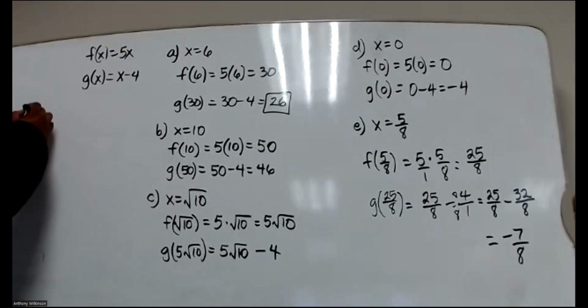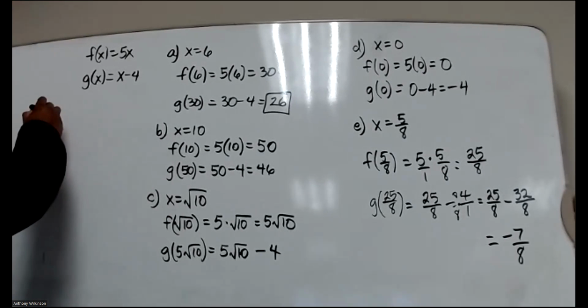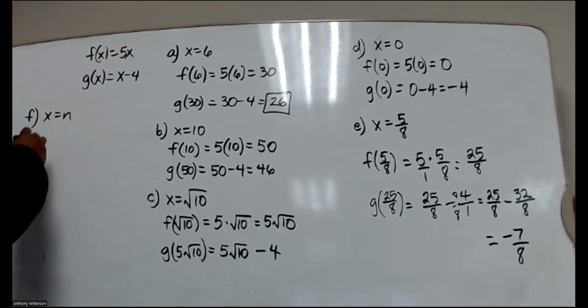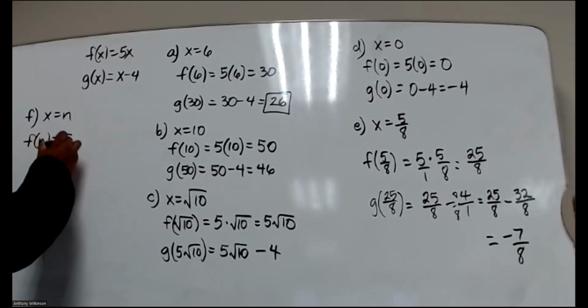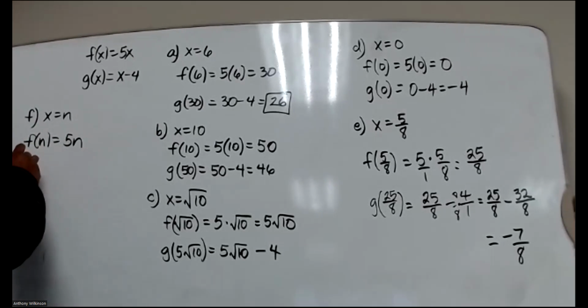Okay. And part F. Here they just give you the variable n. So here f of n would just simply be 5 times n, or just 5n. Then we use that as our x in g of x.